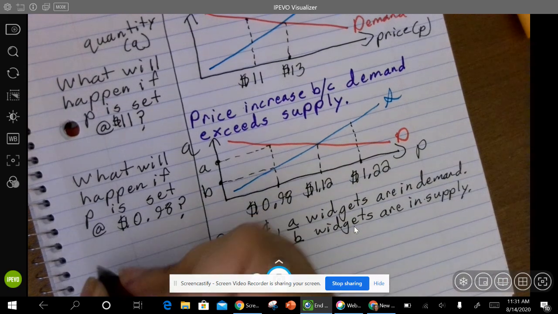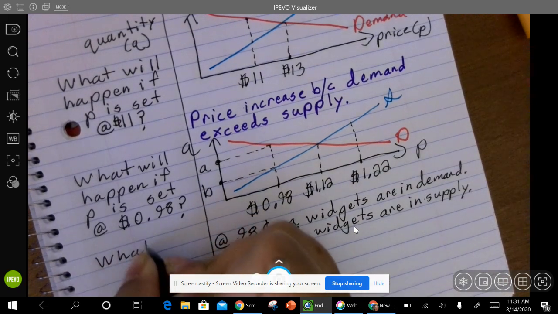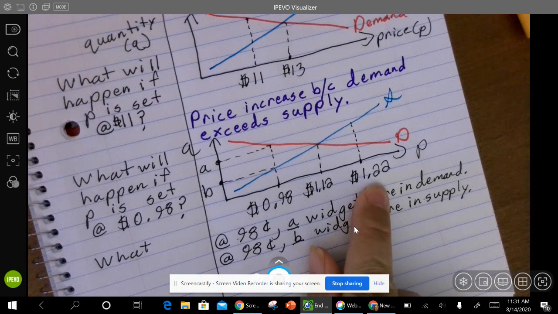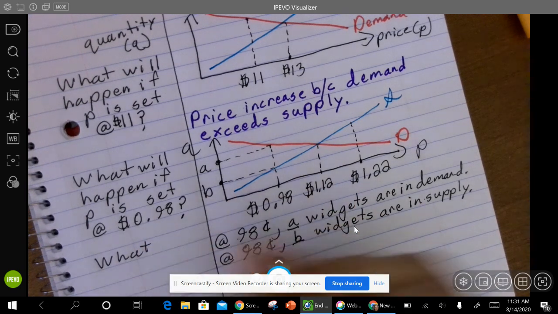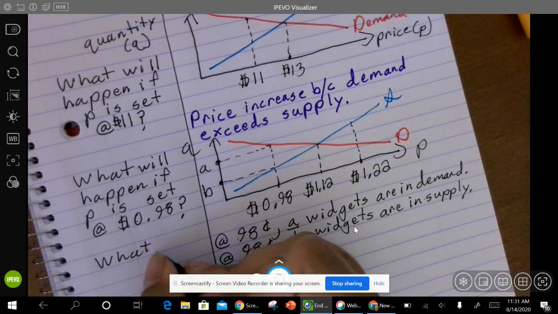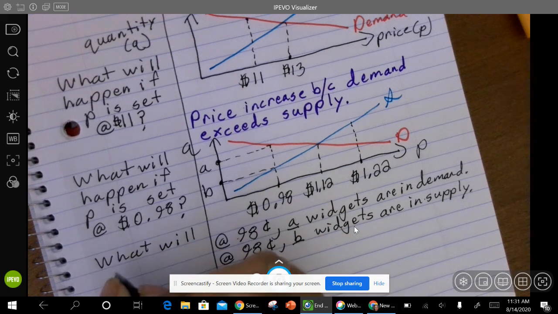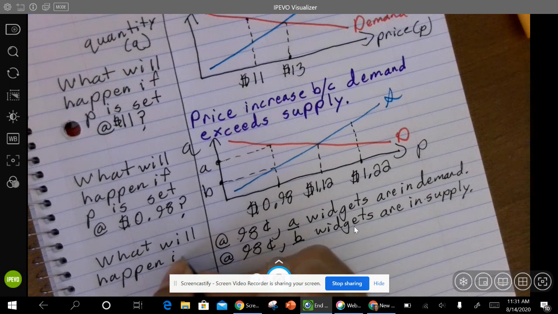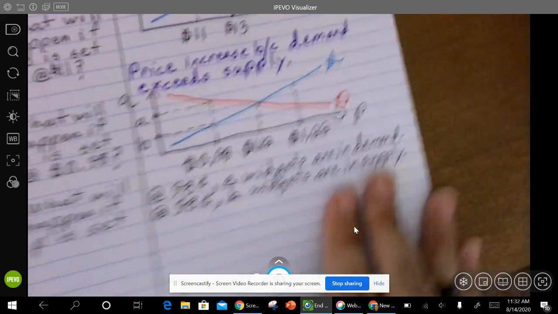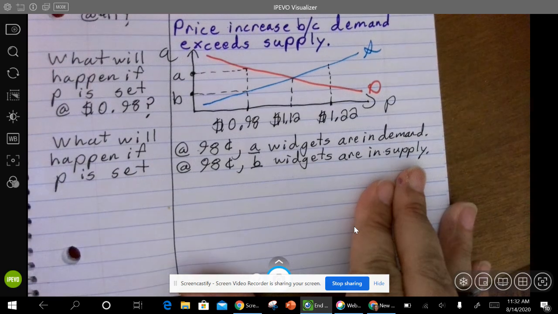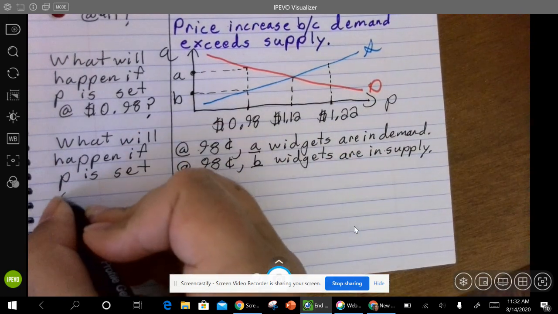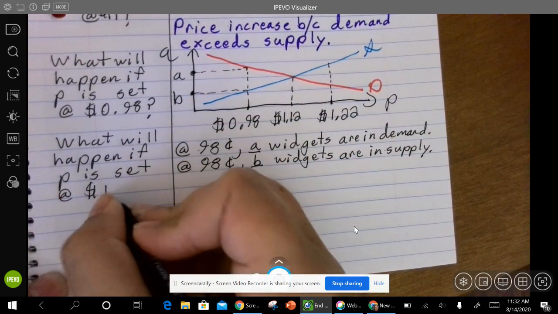So what if we set the price for the extra gum at $1.22? Make sure we can still see the graph. Is set at $1.22.